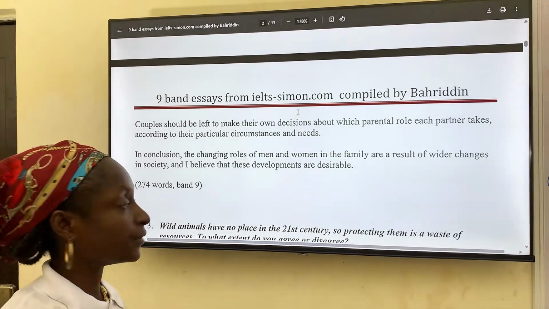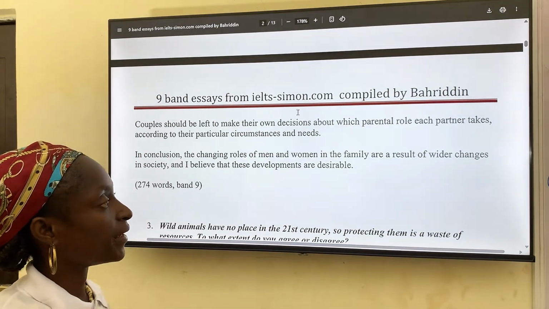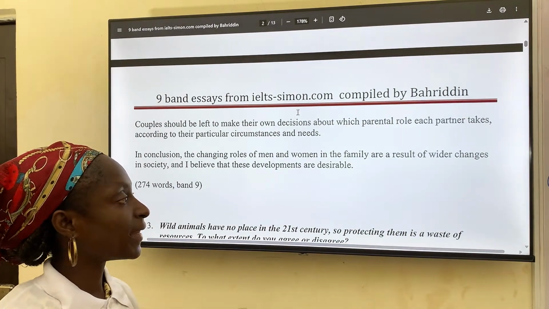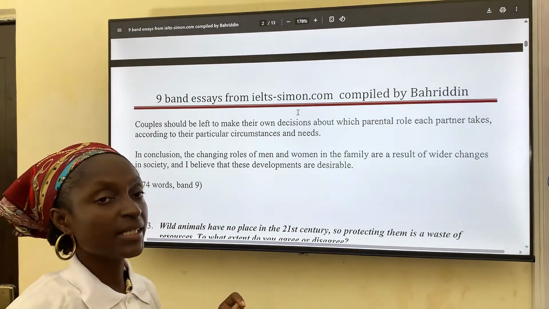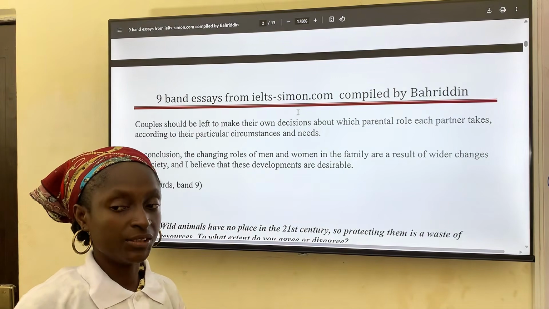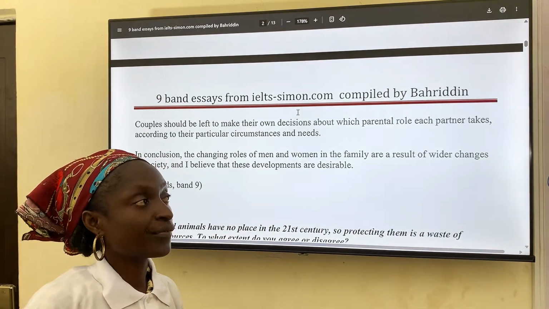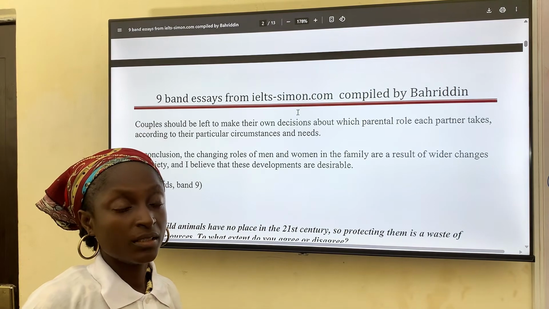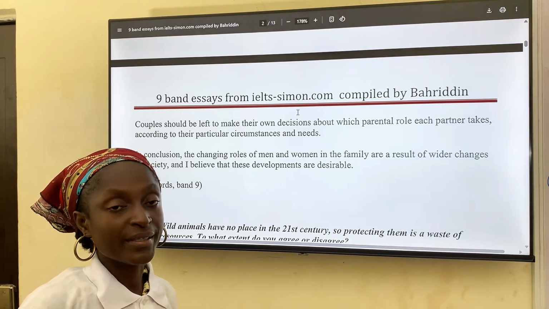In conclusion, the changing roles of men and women in the family are as a result of wider changes in society, and I believe that these developments are desirable. So you can see that's an example of an opinion essay coming in the form of positive or negative development.